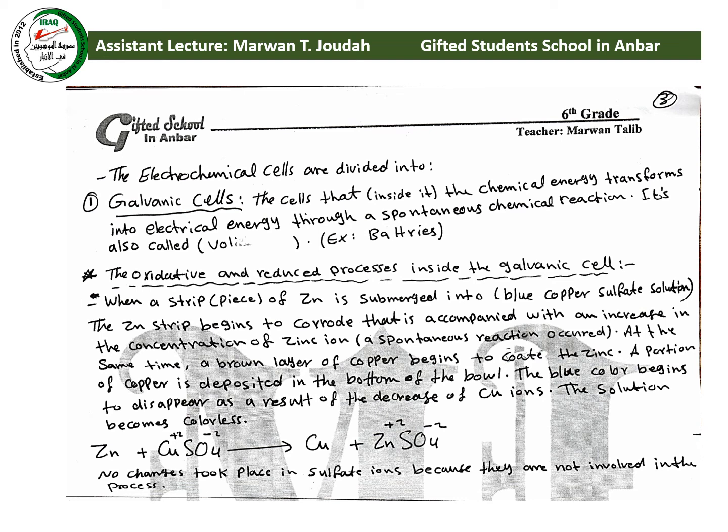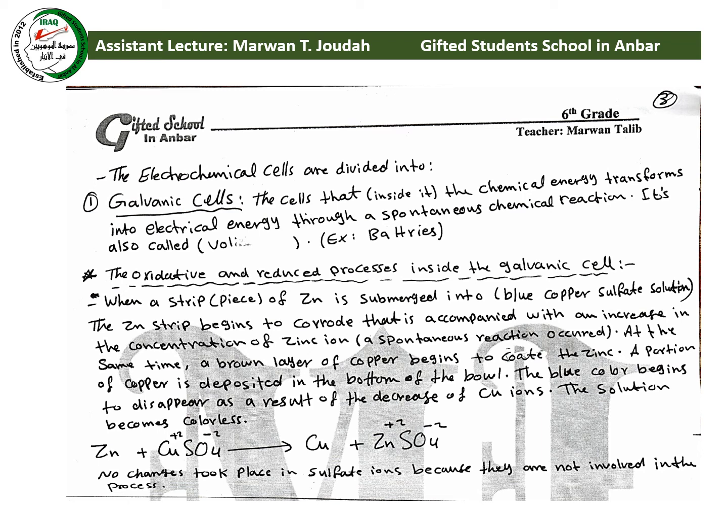So there will be a reaction. Any electrochemical cell contains chemicals, and the cell is used to transform chemical energy into electrical energy.